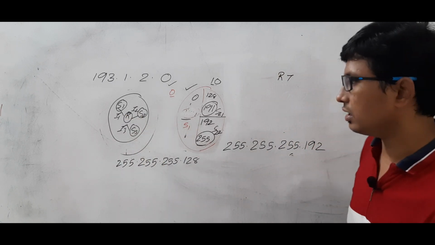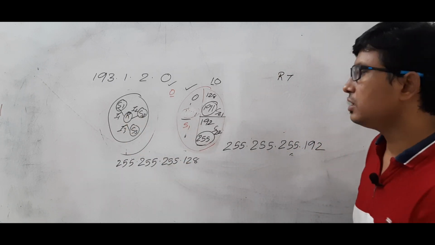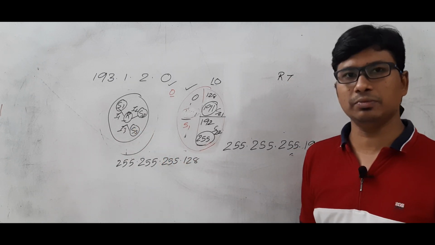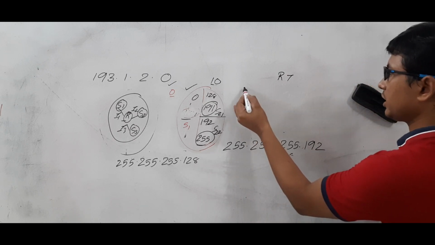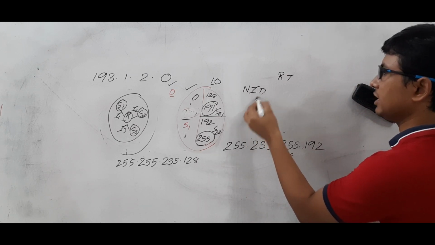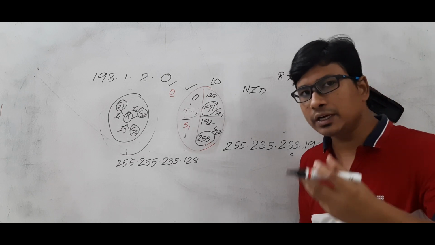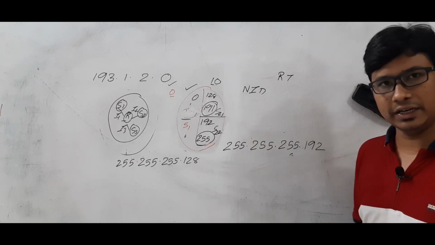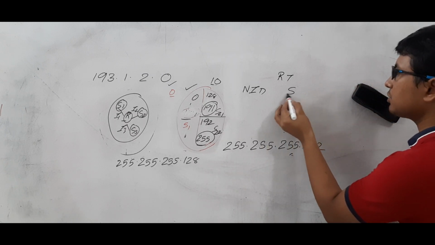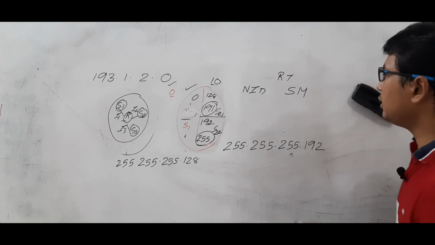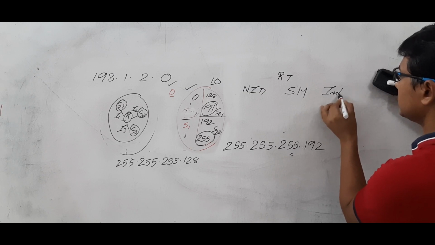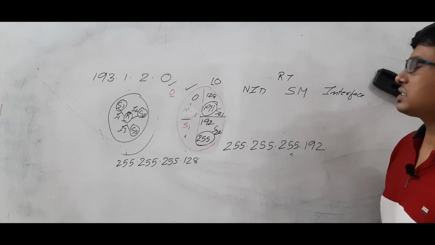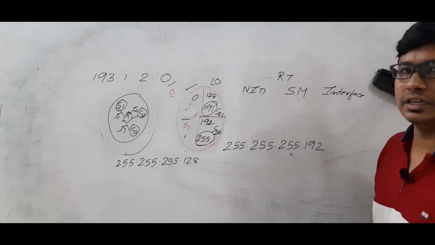Am I right or wrong? So if you have a router like this, for this router you should have a routing table. What information will be there in the routing table? Network ID or subnet ID, because we are making subnets, meaning we are making small networks, so you can call it a network ID also. And you will have the subnet mask and you will have the interface. Are you able to follow it or not? You will have the network ID, the subnet mask, and also the interface.